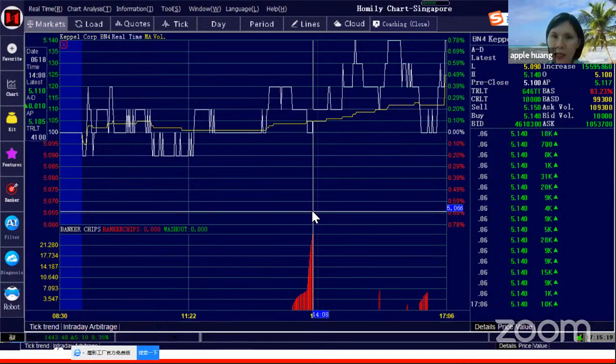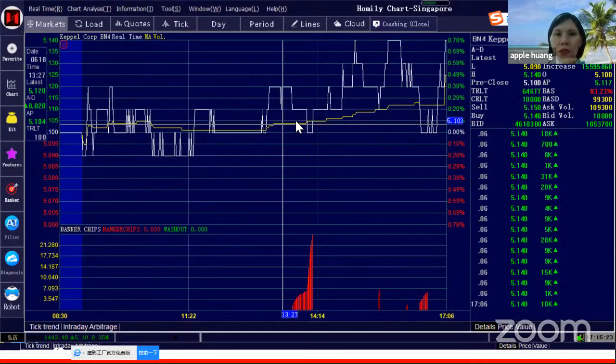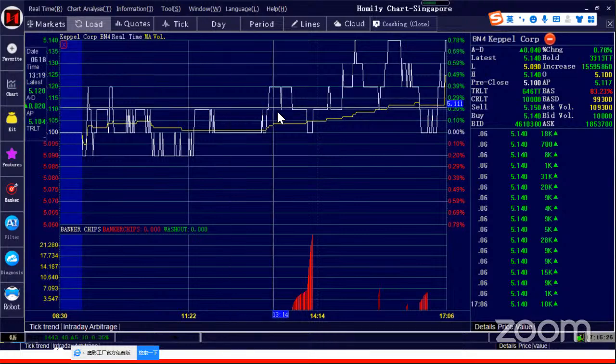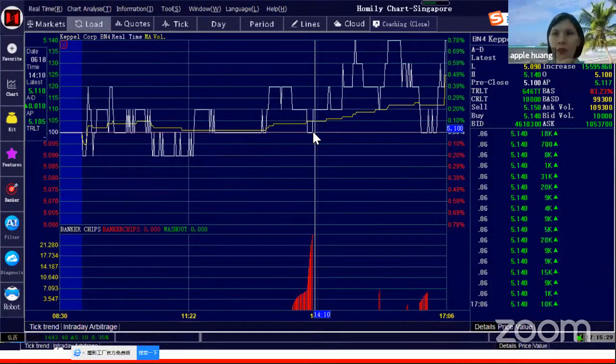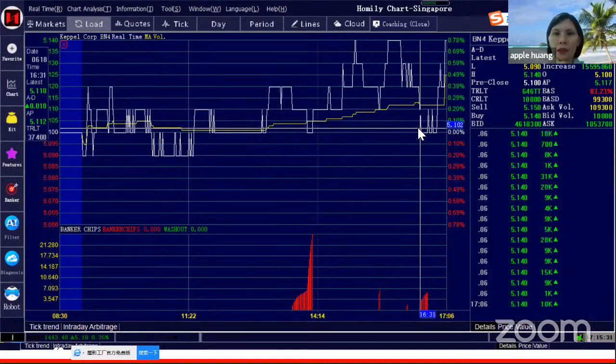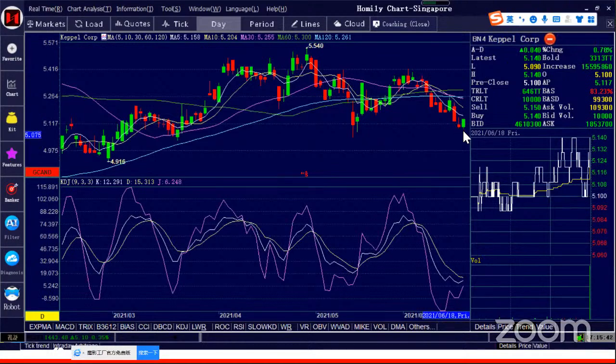Last Friday, from the tick chart, you will see a lot of banker chip move into Capital Corp. And if you look at the daily chart, you know Capital Corp actually dropped to a low level.